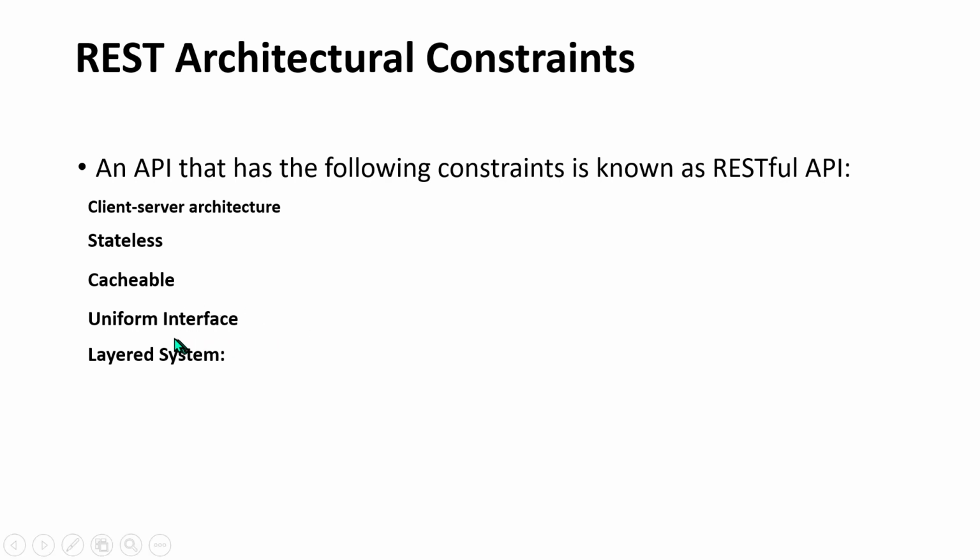Okay, and what are the uniform interface and layered system? Layered system means that in any web application there are layers: UI layer, business layer, service layer, controller layer. In this kind of system, we use REST APIs.